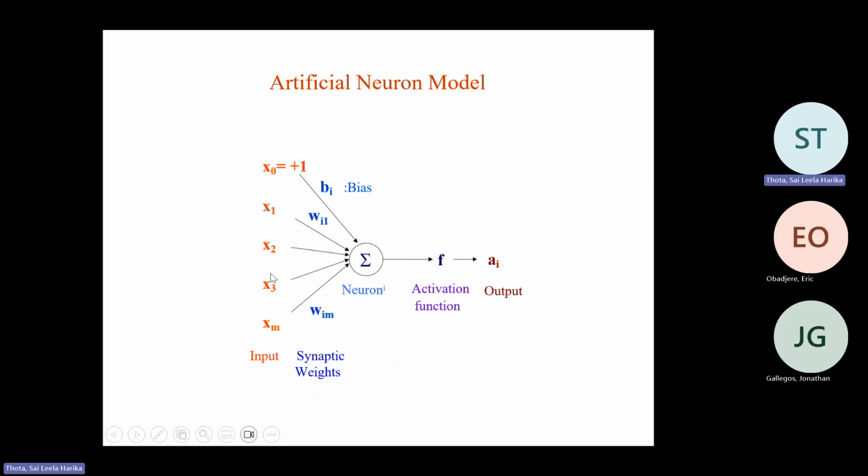These inputs can be features in your data set, and we give weights to the inputs so that we give feature importance to the model. We can give W1 as 5 and W2 as 10, then X2 has more feature importance compared to X1. So with the help of these weights, we give feature importance to the model.